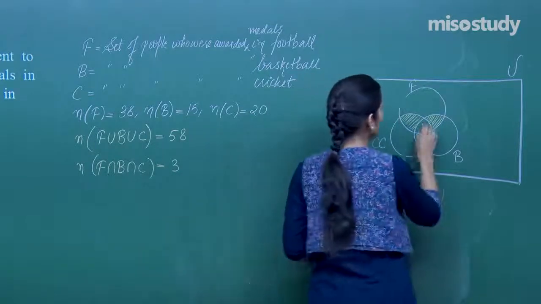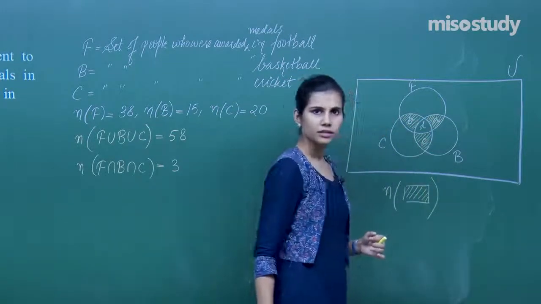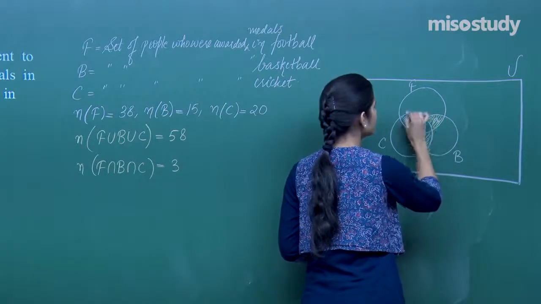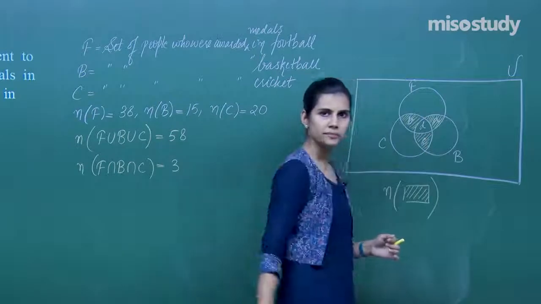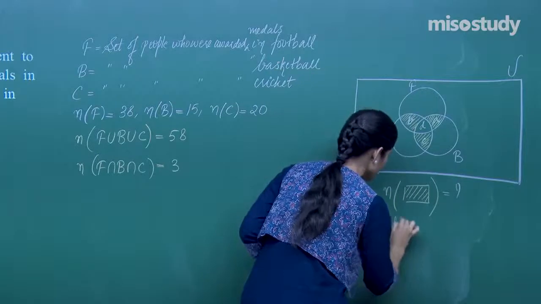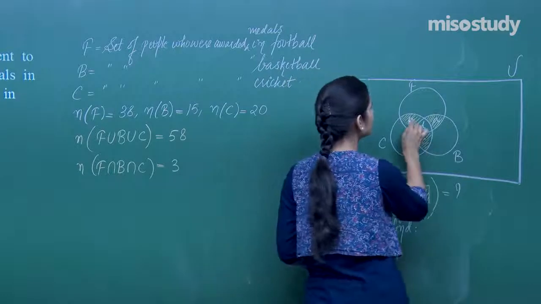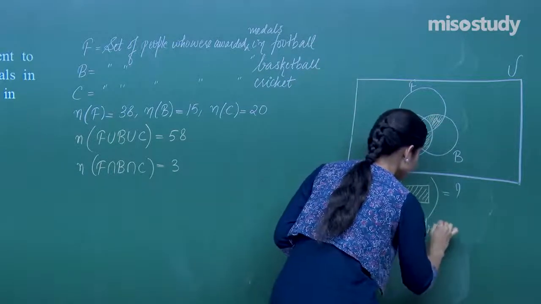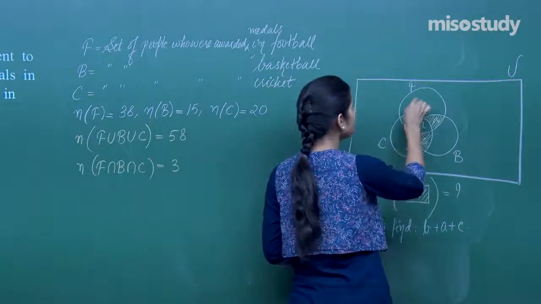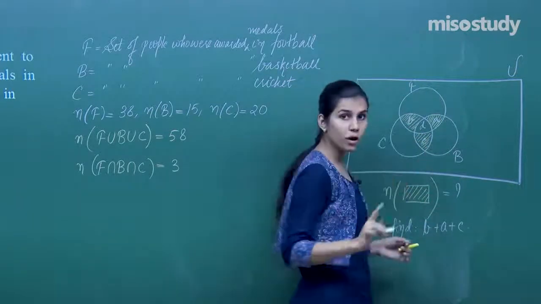Let me write this as d, this as small a, small b, small c. Small d is the number of members sitting here, small a is members sitting here, small b is members sitting here, small c is members sitting here. Fine. I need to find the number of members who played exactly 2 of the 3 sports. That means I need to find b plus a plus c. b is the number of members who played football and cricket. c is the number of members who played cricket and basketball only, not football.